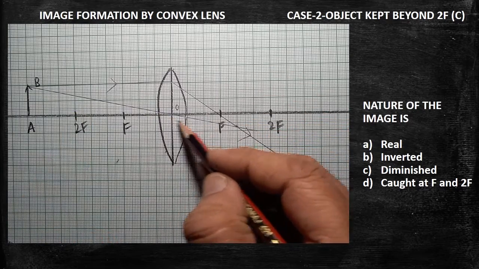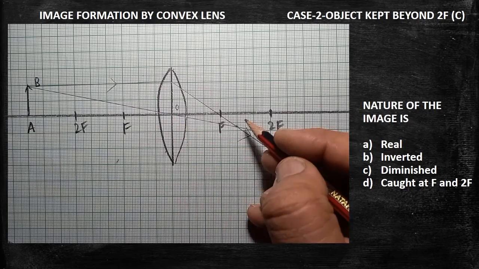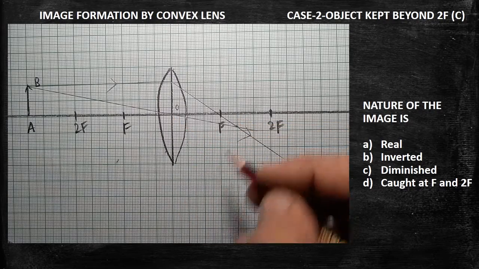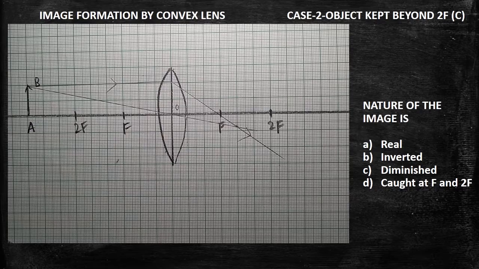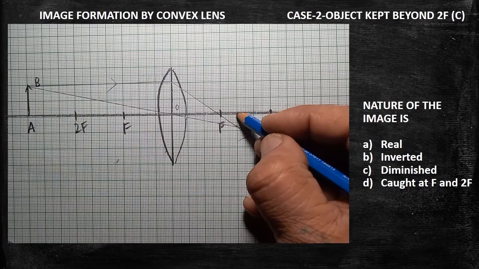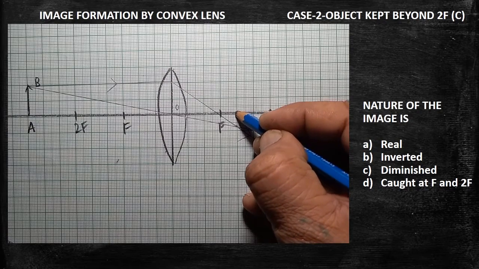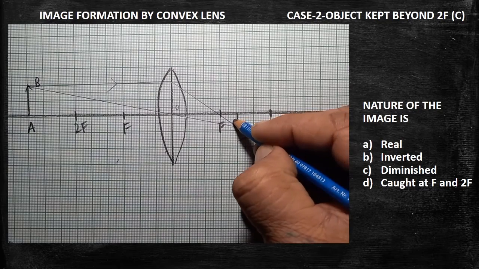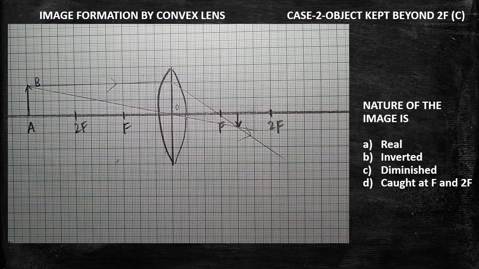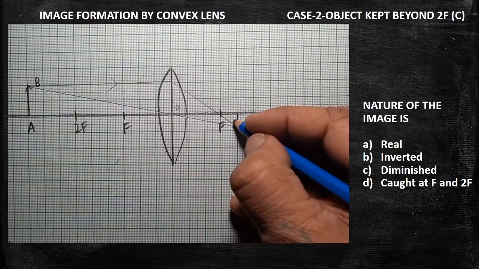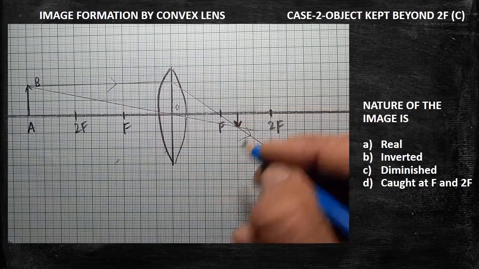This ray won't deviate, it will pass through the center of the lens. Here only we are going to get the image. Look at the image here, that is drawn just below the line. Therefore I am drawing the image now. That is drawn with the inverted arrowhead.